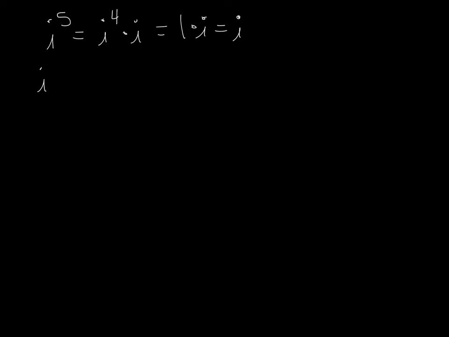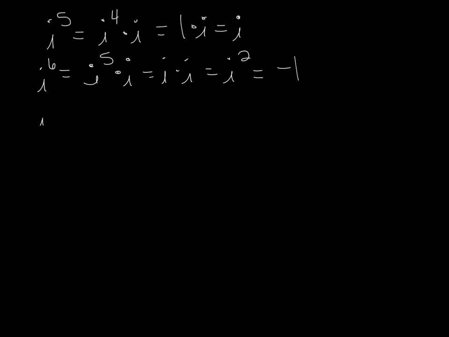Let's look at i to the sixth. i to the sixth is i to the fifth times i. Well, we just said that i to the fifth was i, so that's i times i, which is i squared, which is negative 1.